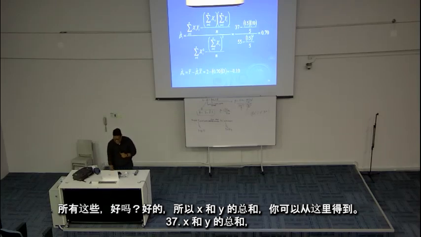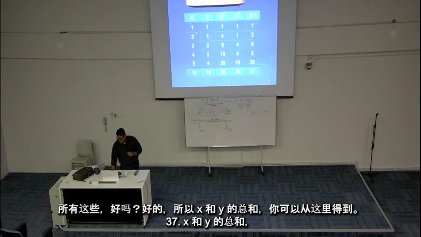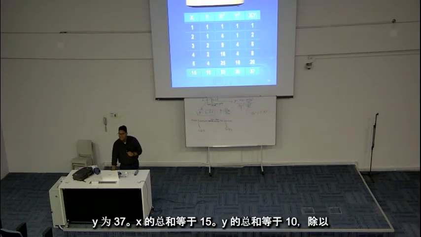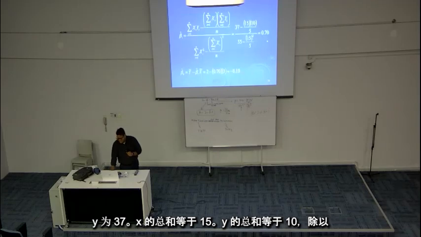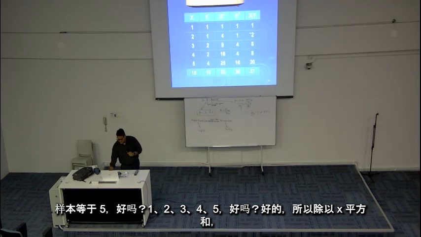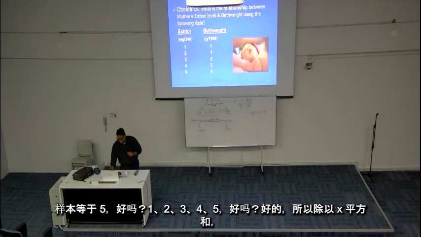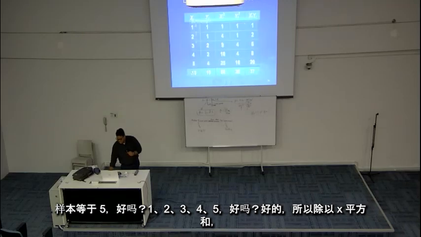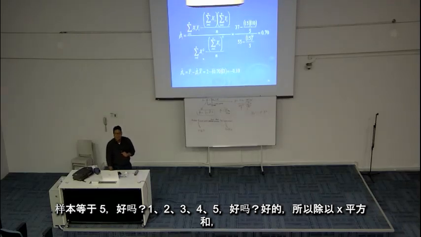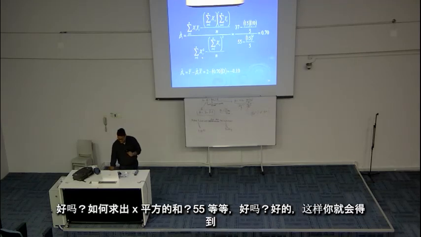So the summation of xy you can get from here: 37. Summation of x is equal to 15. Summation of y is equal to 10, divided by the number of samples, which is 5: 1, 2, 3, 4, 5. Then divided by the summation of x square.